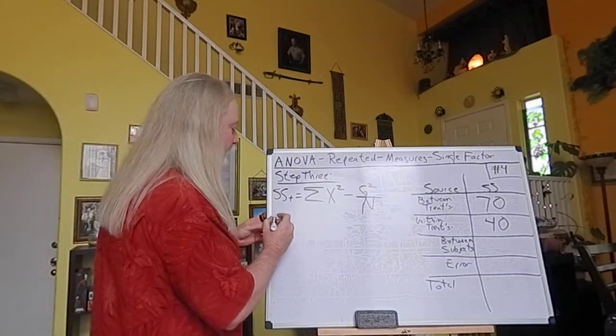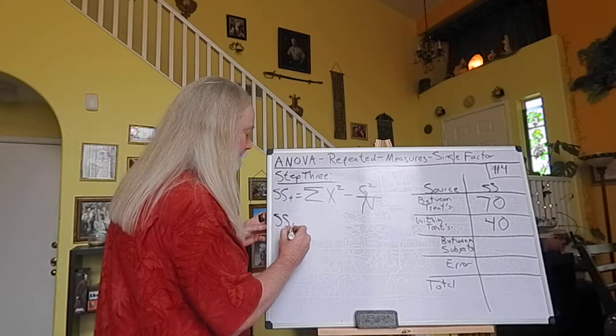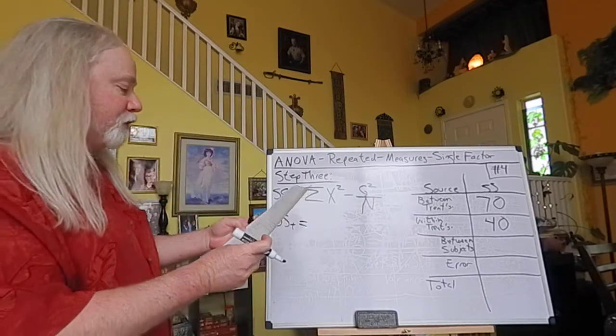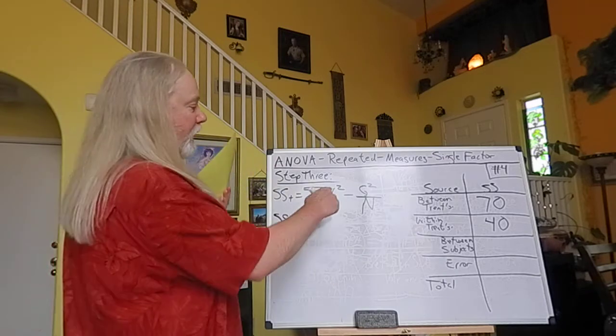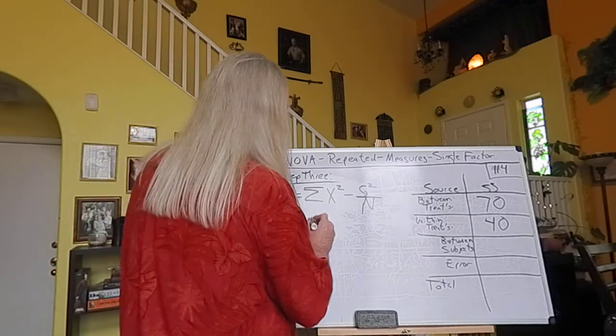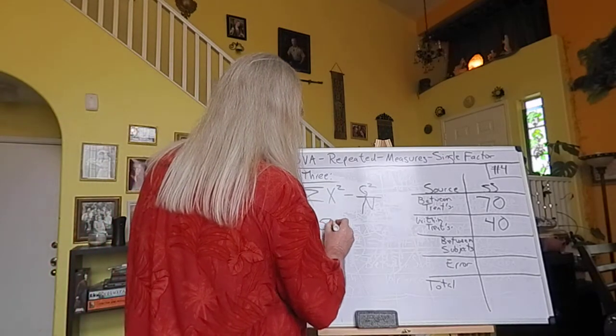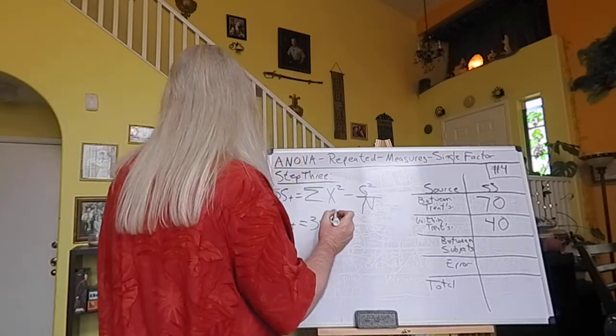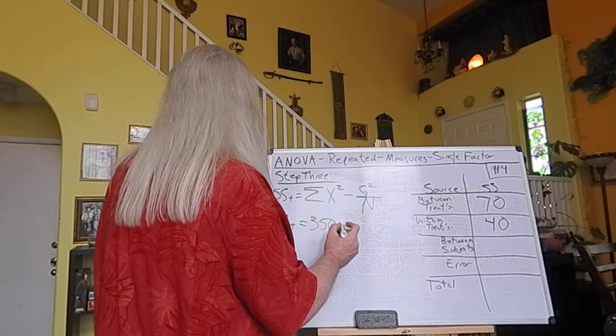Again, we've got all these values. All we've got to do is plug and play. So we know it tells us that the summation of all the raw scores for the entire study squared are 350 points. We would know square the scores, then add, right? Minus, and again, our G squared, our grand total was 60.